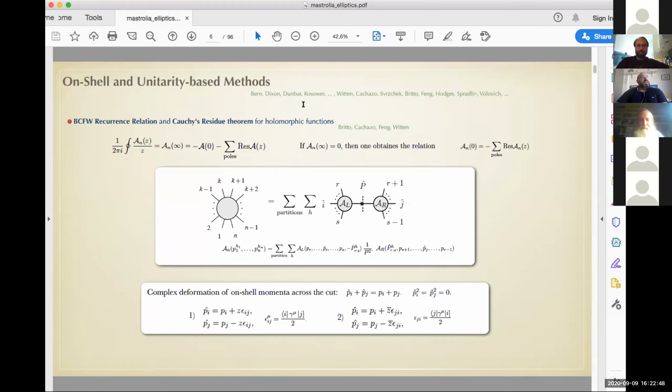Now, we have been witnessing and participated in the development, in the last decades, of on-shell and unitarity-based methods, which have been developed by people present in the audience. And a few key ingredients were brought into the game by the use of Cauchy residue theorem inside the factorization property of the amplitude.